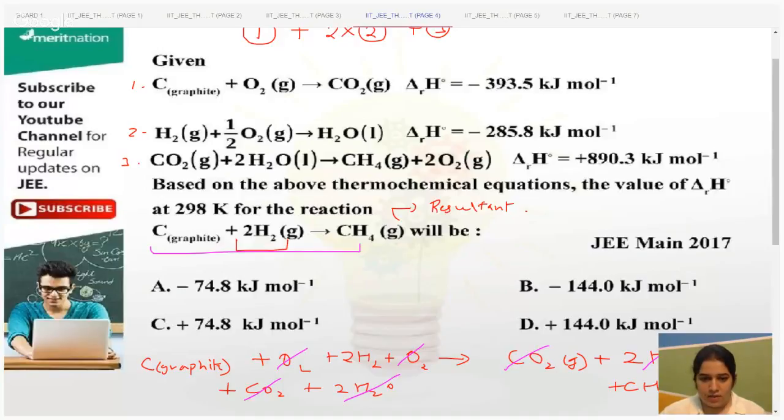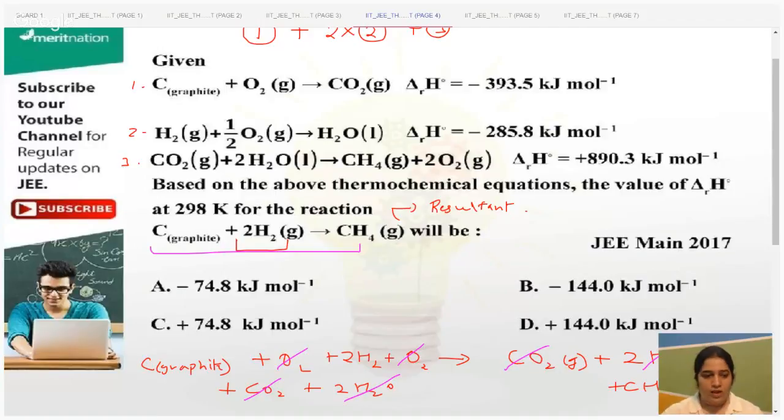All right. So Abhishek, we need to look at the resultant equation and try to get the equation as a result of mathematical operations performed on the given data. Whatever is there on the left hand side, keep it on the left hand side and add the equation. Whatever is there on the right hand side, keep it on the right hand side.